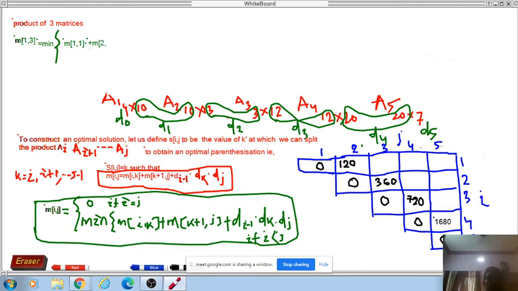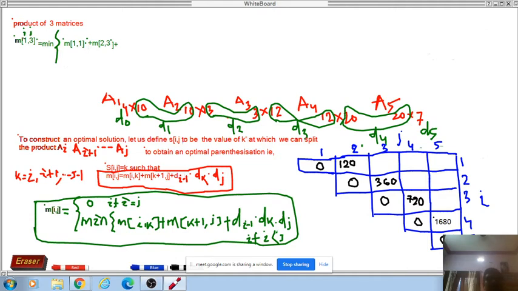What is my j value? 3. My j value is 3. This is i, this is j. You should remember this. That's M of 1, 1 plus M of 2, 3. Understood? Are you understanding or not? Yes, sir.